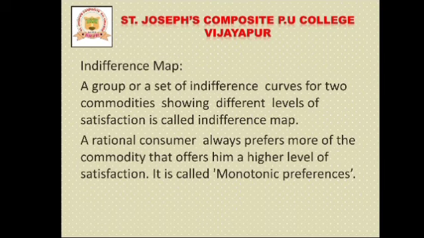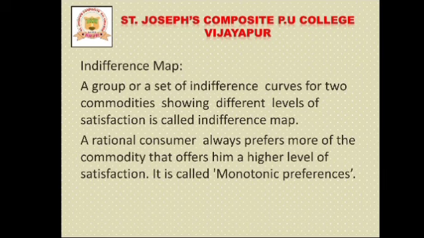Then what is an indifference map? A group or a set of indifference curves for two commodities showing different levels of satisfaction is called an indifference map. Dear students, an indifference curve means different combinations of two commodities in which consumers get an equal level of satisfaction.